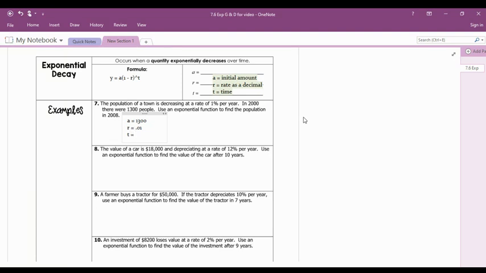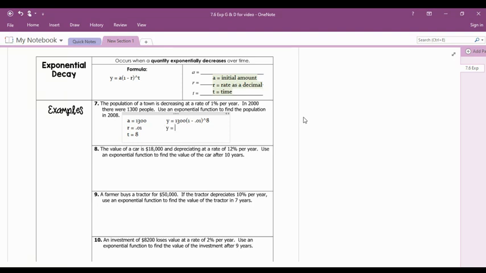And the time? Well, it doesn't say the time. It says from 2000 to 2008. So that's 8 years. It's not hard to figure that out. Some problems you might have to do that. Now let's stick it into our formula. 1300 initial amount, 1 minus, for decay, 0.01, to the 8, after 8 years.